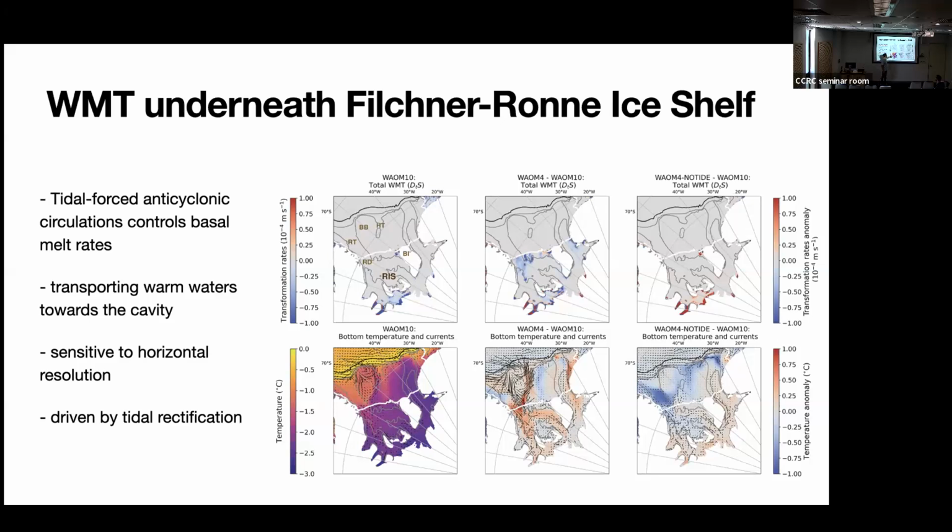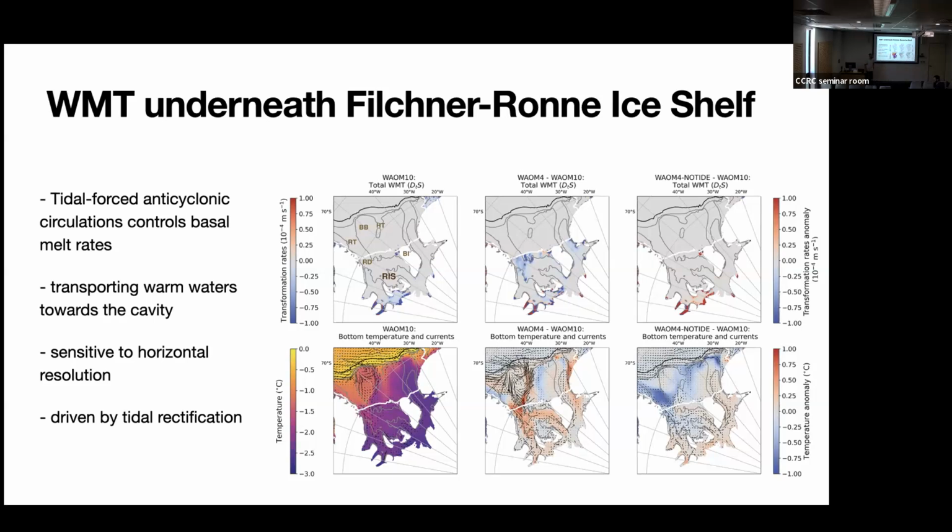But when you intensify this circulation, you bring more warm water and you enhance all the basal melt and refreezing rates within the cavity. When you deactivate tides, you lose a lot. We can see that all this water mass formation towards lighter waters is not happening without the tides. So it changes the pattern of freezing and melting at the cavity a lot.